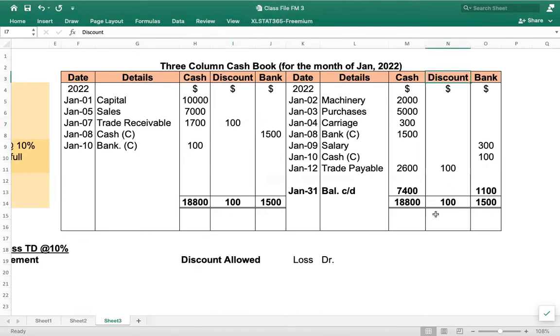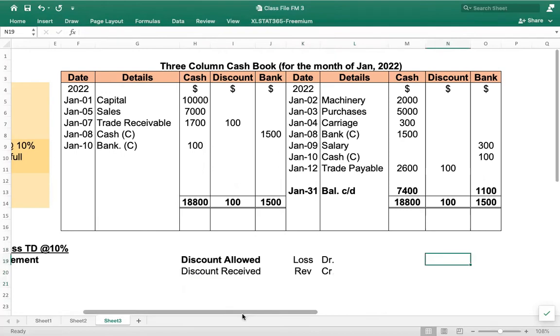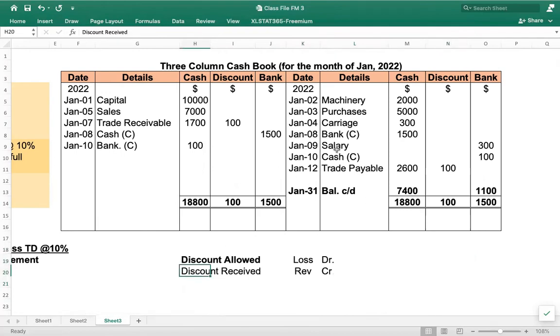And what does the credit side discount column represent? Discount received. So it is kind of revenue. What does discount received mean? Like we paid money to the supplier, but rather than paying the full amount, I paid less. So it is kind of profit, a gain for us.